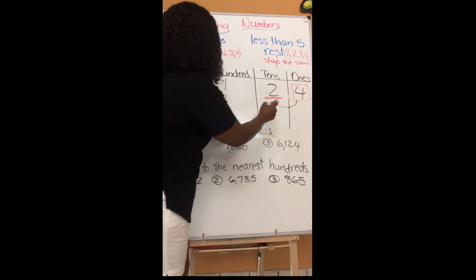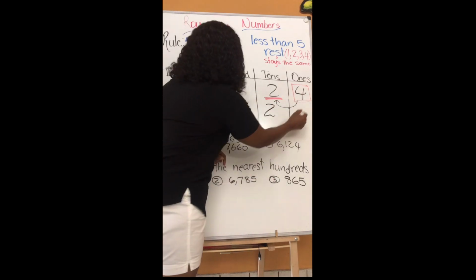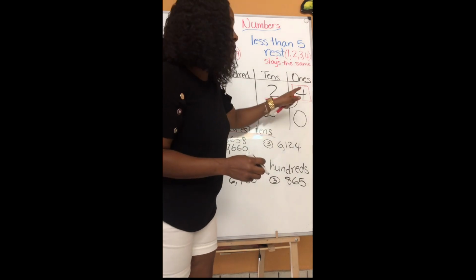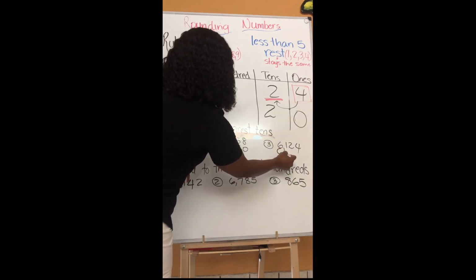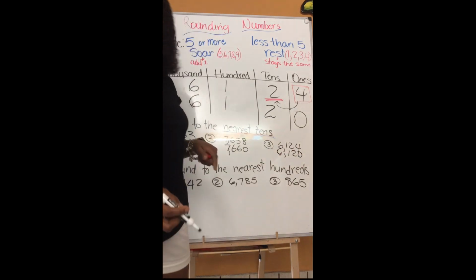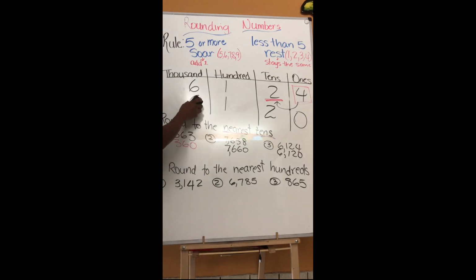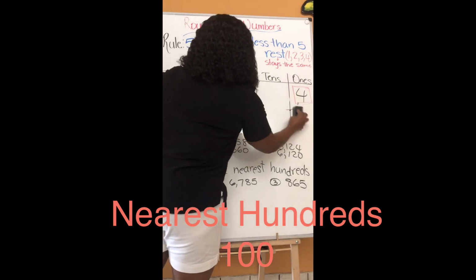This boss tells the 2 to stay the same, but we're going to change this boss to a 0. So 6,124 rounded to the nearest tens is 6,120.